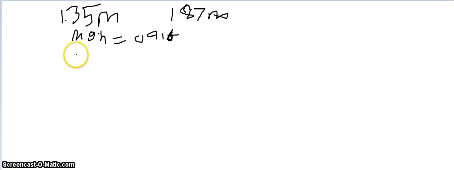Then for the second one, we use the same formula again, and we get an answer of 0.066 joules. And this is also joules.